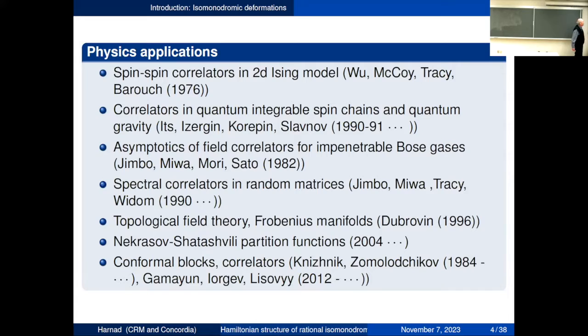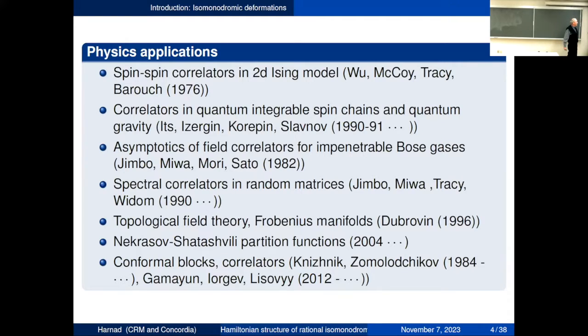First of all, in the 2D Ising model, as I said, it's a quantum problem. Spin-spin correlators, when properly parameterized, satisfy the third Painlevé equation. That's an isomonodromic deformation equation, and there's a special solution which describes it. And that was studied way back in the 1970s by Wu and Tracy.